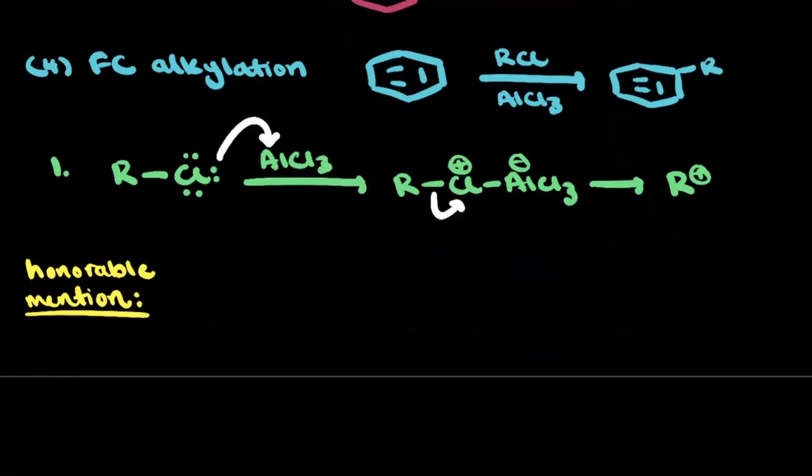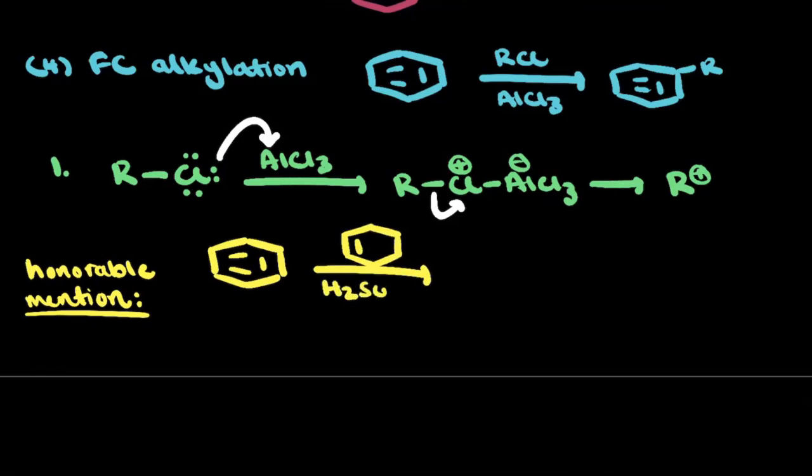So that looks like this. Let's say I have some sort of alkene, like cyclohexene. I can use either sulfuric acid or hydrofluoric acid in order to alkylate Friedel-Crafts style.